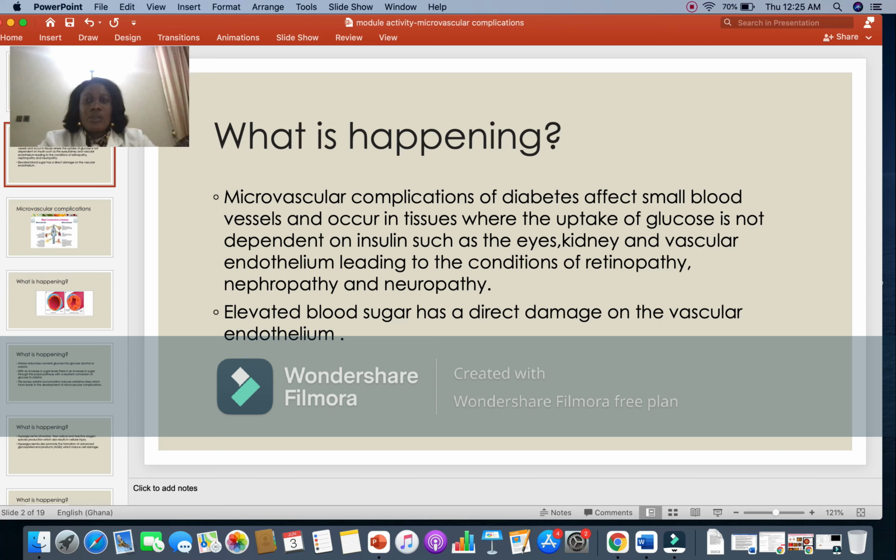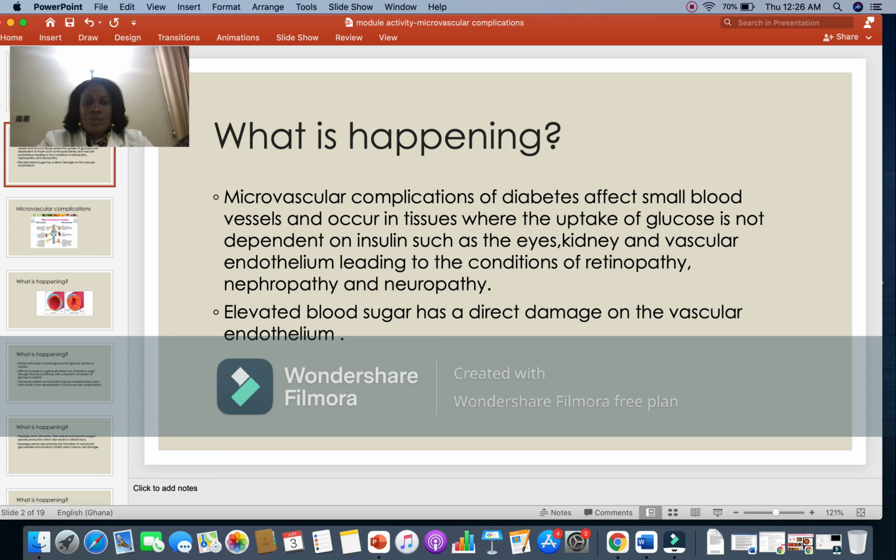Microvascular complications of diabetes affect small blood vessels, particularly the capillaries, and those that occur in the tissues where the uptake of glucose is not dependent on insulin, such as the eyes, the kidneys, and vascular endothelium. In the eyes, they result in diabetic retinopathy, in the kidneys, diabetic nephropathy, and on the nerves, they result in diabetic neuropathy.